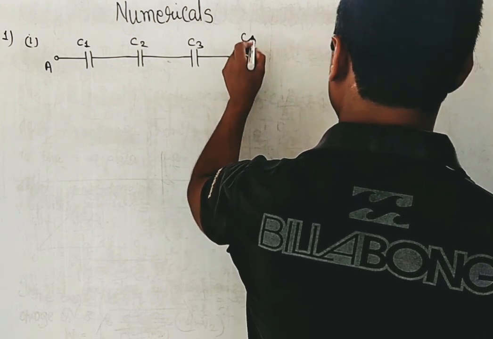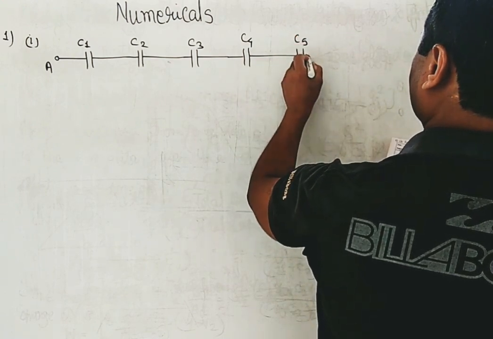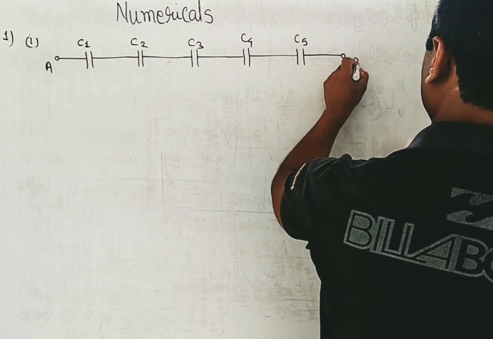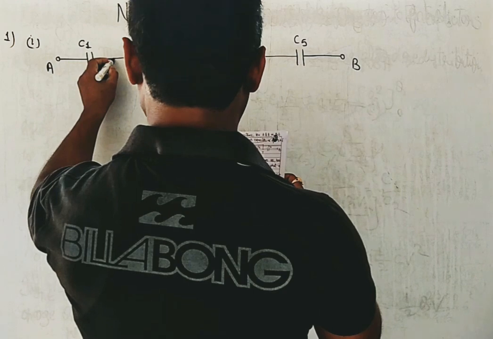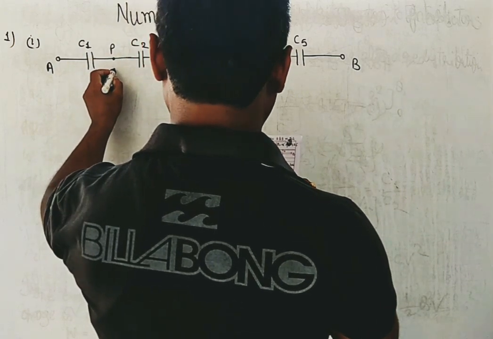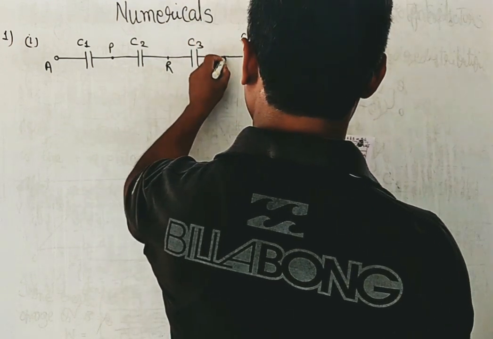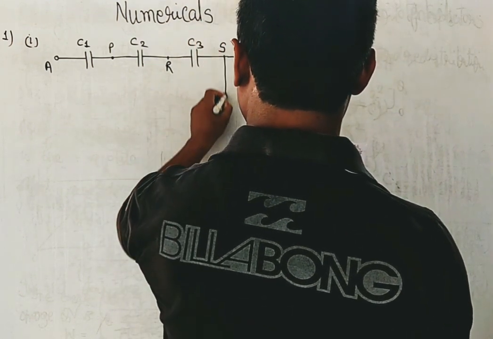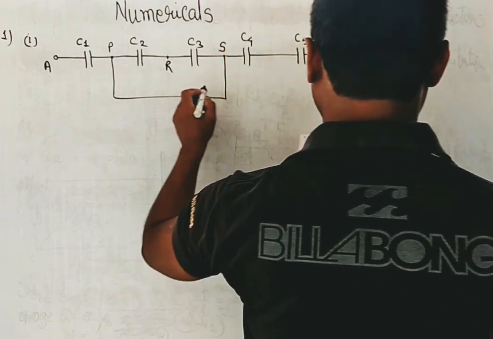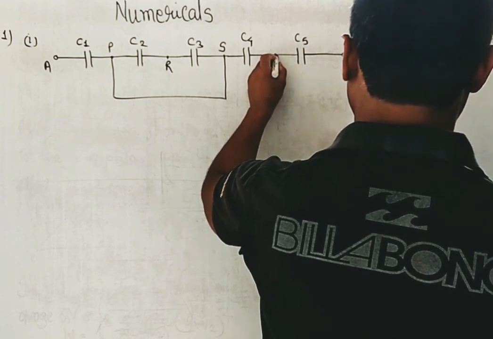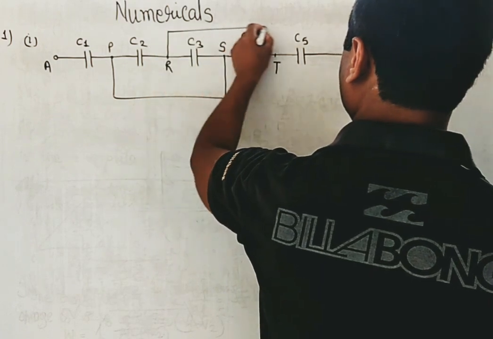Fourth of capacity C4, and the last capacitor C5, point B. Now here it is point P, here it is point R, here it is point S. So P and S both are connected. And here it is point T. So R and T are connected.